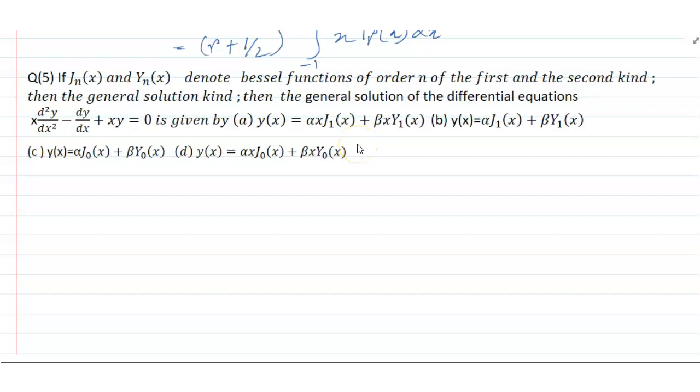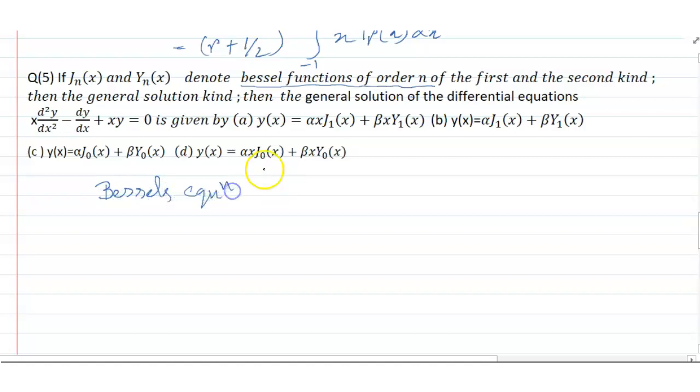Now we start the next problem, based on Bessel's functions. If Jnx and Ynx denote the Bessel's functions of order n of the first and second kind, then the general solutions of the differential equations I have to find out. So friends, what is the Bessel's equation?